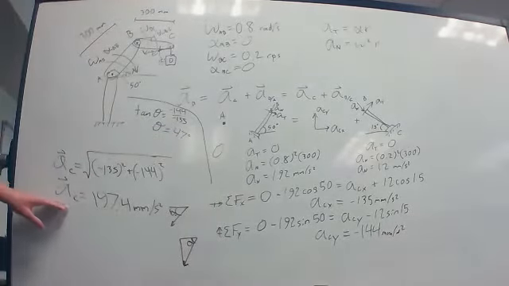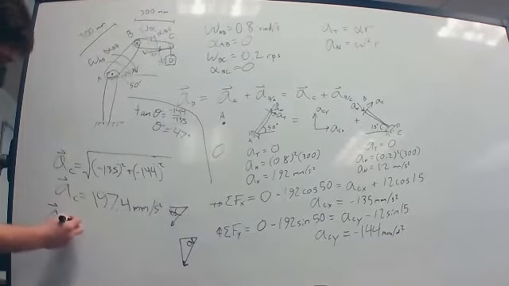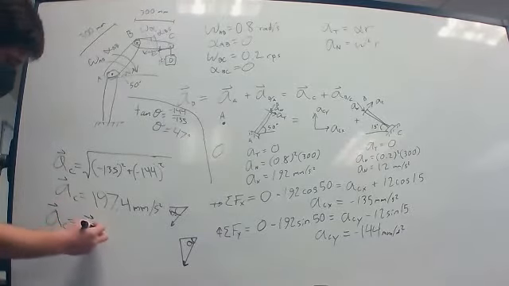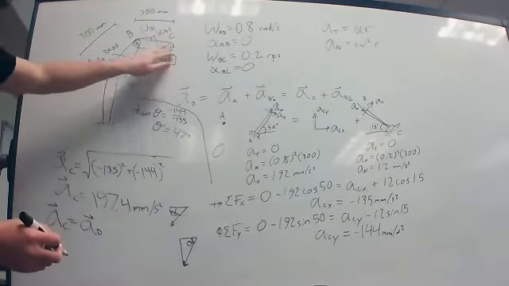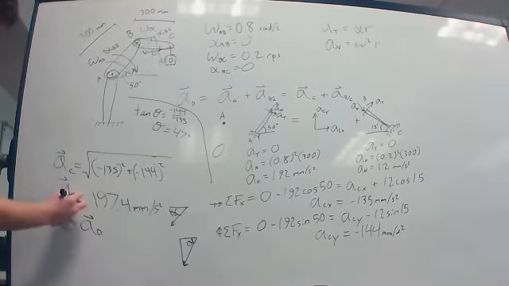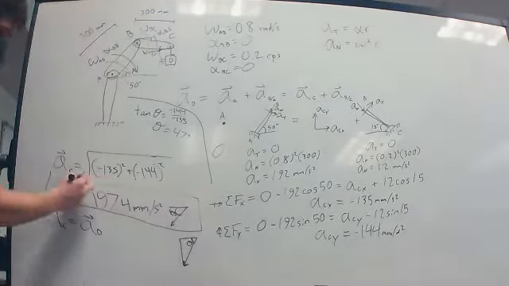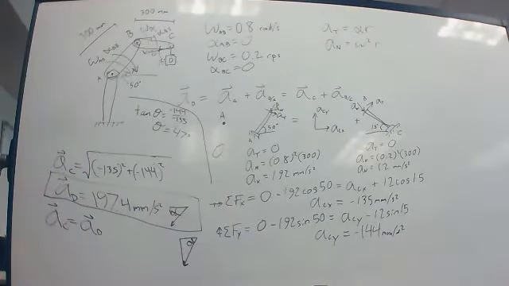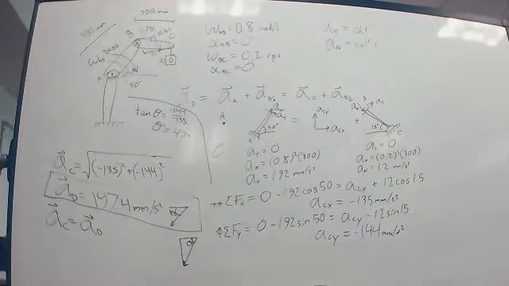And so that's this AC value is equal to AD, since this is one solid piece that doesn't move. So we can then just say AD is this quantity. Questions on this? If no questions, we can move on.